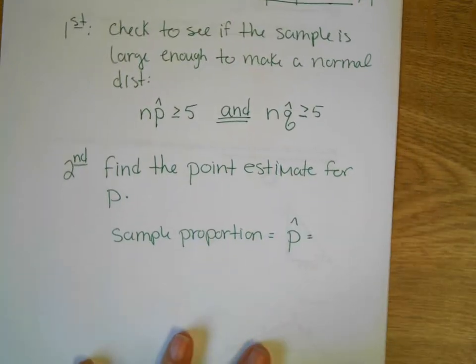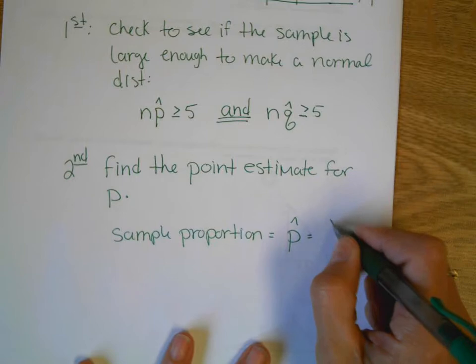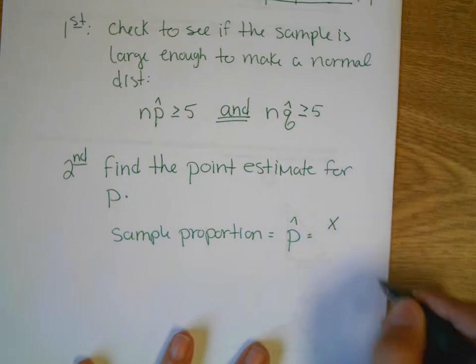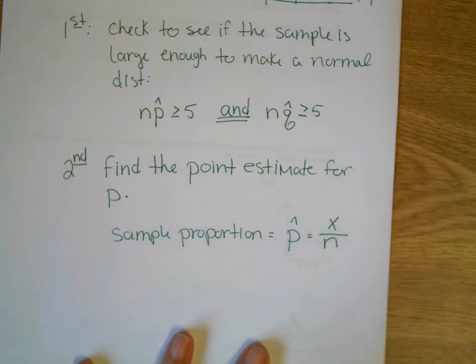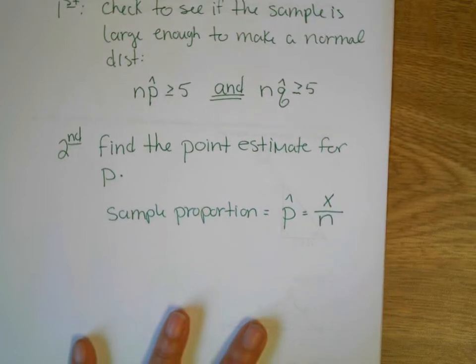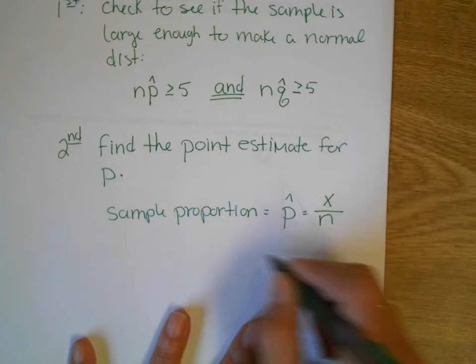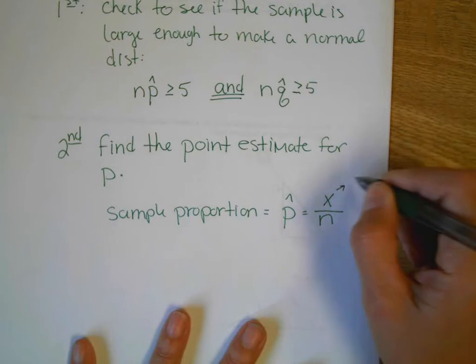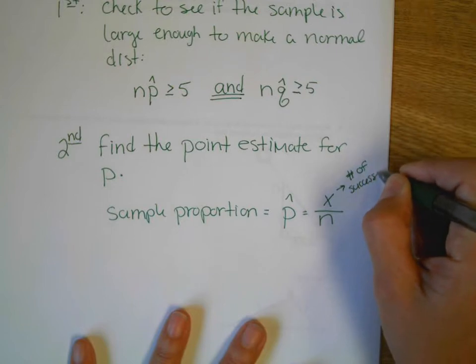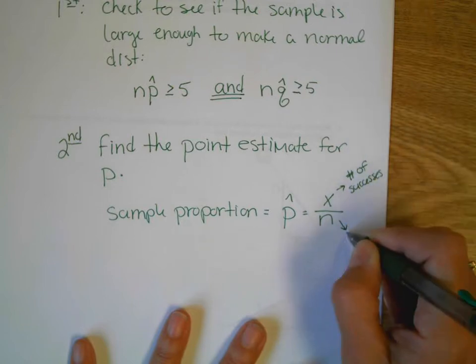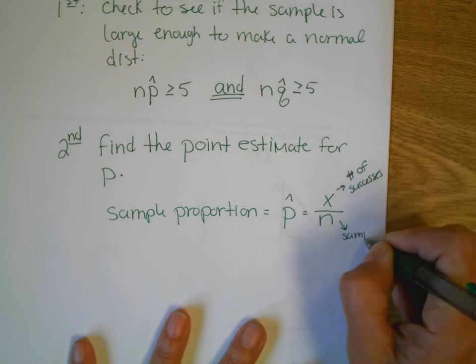And the way you calculate p hat is you take your number of successes over your sample size. So x is number of successes, n is sample size.